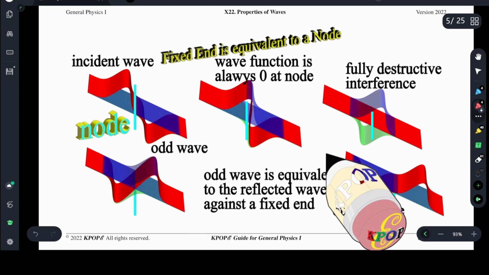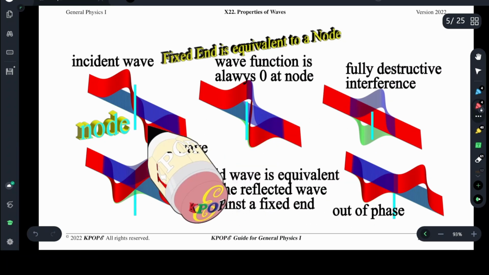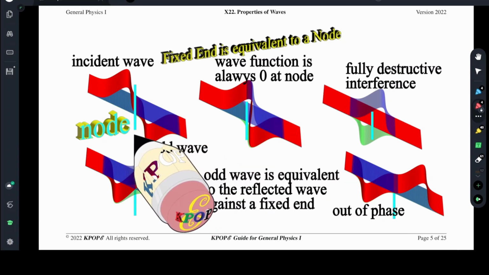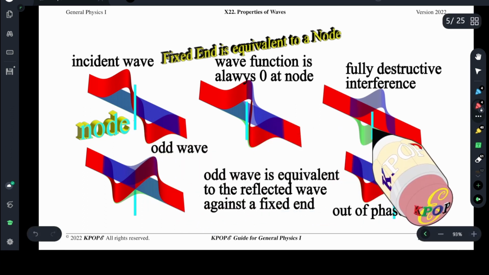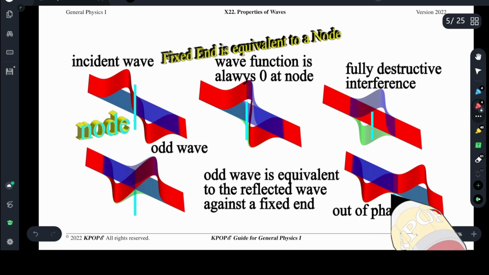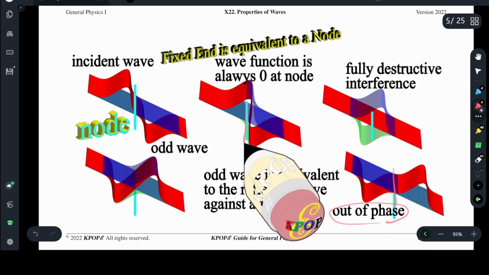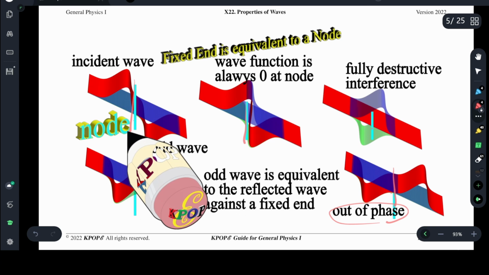This is the explicit resultant waveform depending on time. In any case, this fixed point cancels exactly. So in any case, they are out of phase to make a complete cancellation, destructive interference.